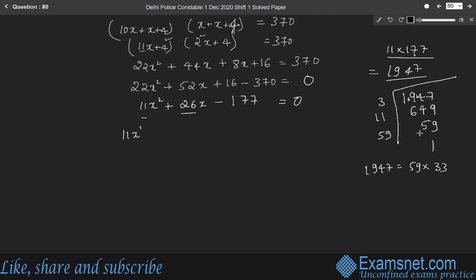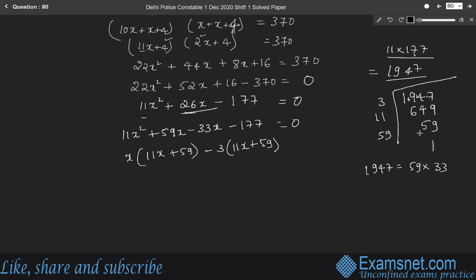So 11x square plus 59x. 26x can be written as plus 59x minus 33x minus 177 is equal to 0. So here x is the common term, that is x into 11x plus 59, whereas minus 3 is the common term, into 11x plus 59.